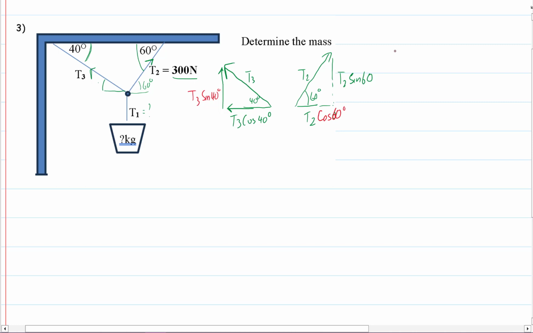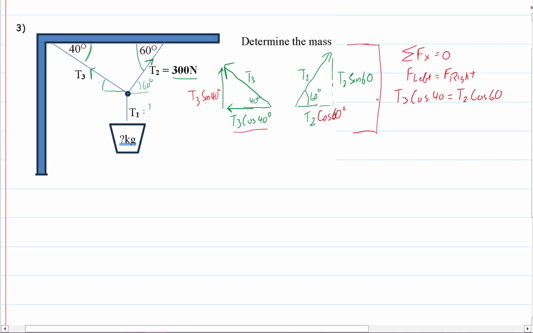Now we know from the rules of static equilibrium that the sum of the forces in the x direction has to equal 0. That means the forces left have to equal the forces right. The force left is T3 cosine 40, and the force right is T2 cosine 60.